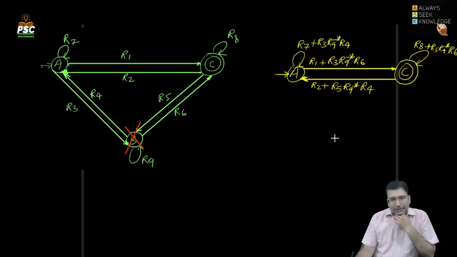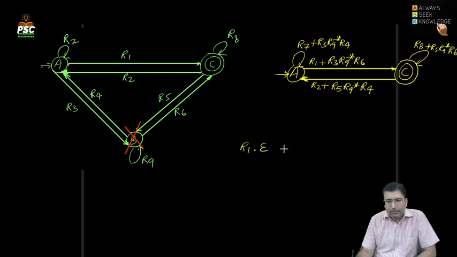Now you may ask how finally we will get a single regular expression. What exactly do we try to do? In the previous class, we have already seen that for any regular expression, let's say R1, if we assume there is an epsilon on this side and on that side, it will obviously give you R1 only.